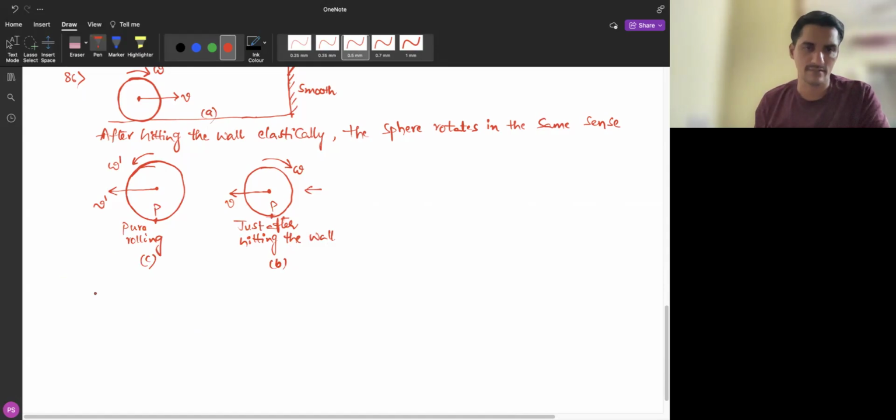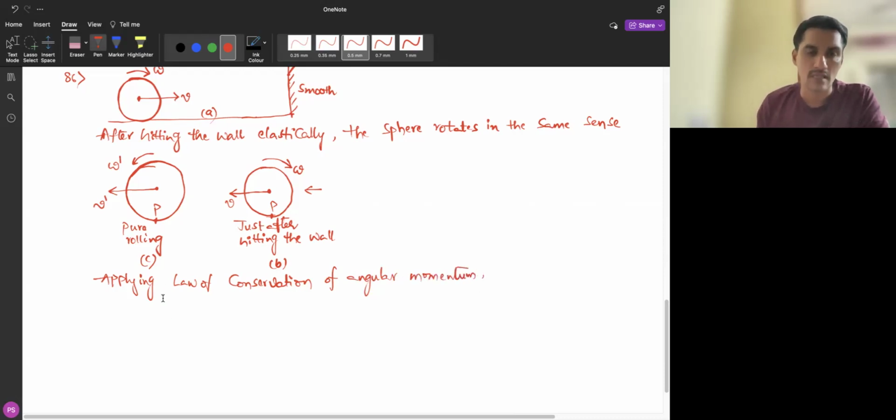How to apply here? Applying the law of conservation of angular momentum. Now, for B, let us apply.